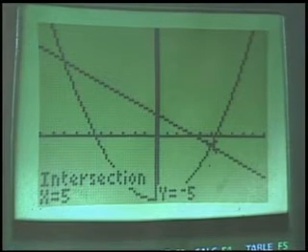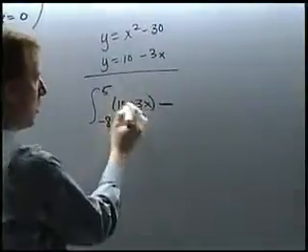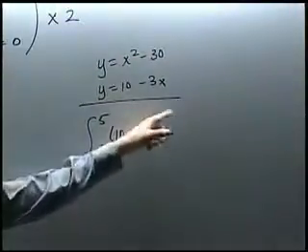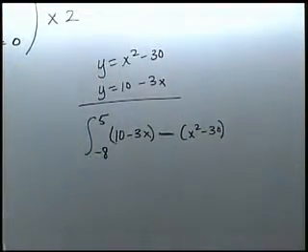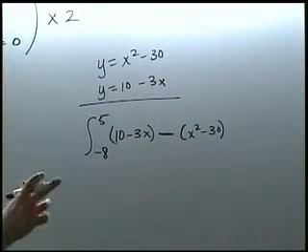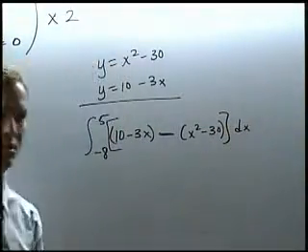So when I write this out, I'm going to write the linear function first because it's the upper function, minus the quadratic function, which happens to be the lower function in my problem. And this is how we set up an area between curves type question.